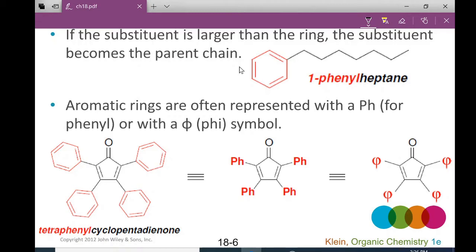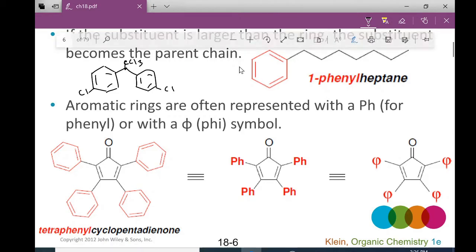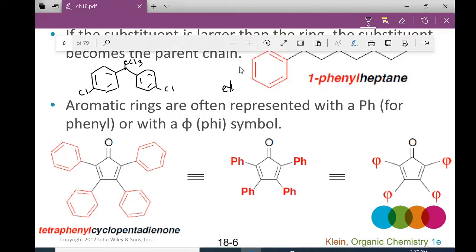So if you have something like, for example, this molecule, which is pretty big, okay, this molecule here is named as a derivative of ethane because we have 2 carbons here. Okay, and so the parent is actually ethane just because it's easier.